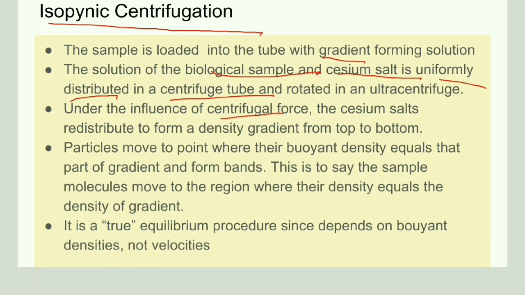When a centrifugal force is applied, the cesium salts redistribute and form a density gradient from top to bottom. This separation of particles is based on density, and hence it is a true equilibrium procedure since buoyant density is used and not velocity.